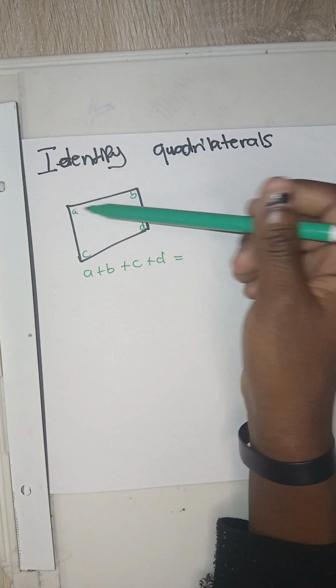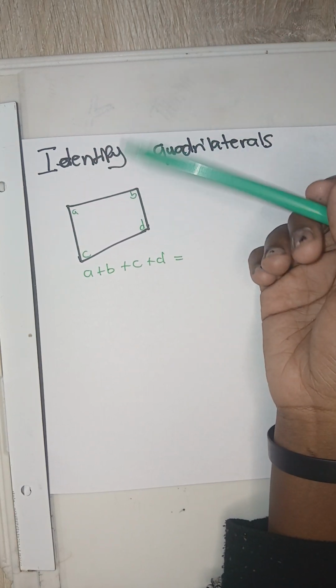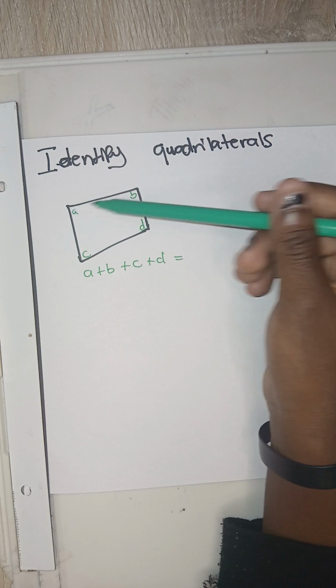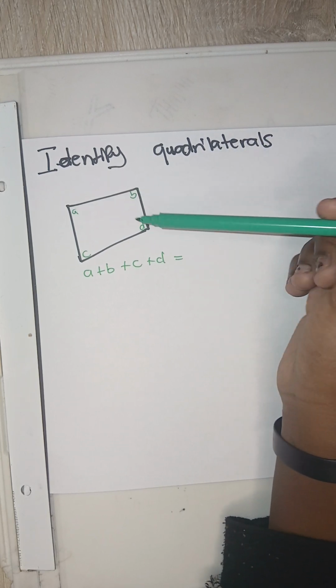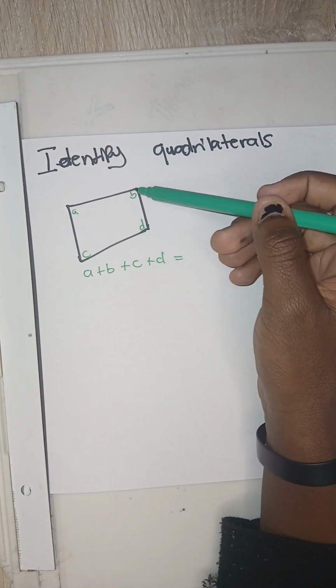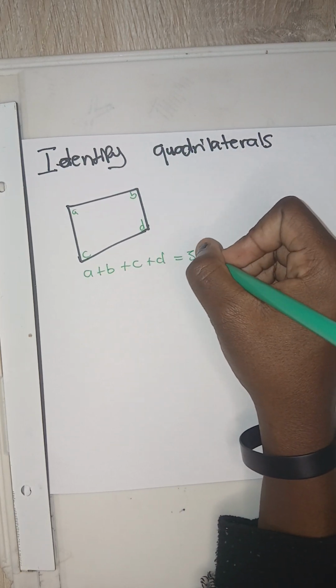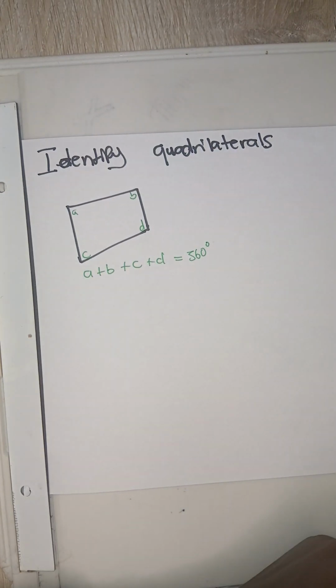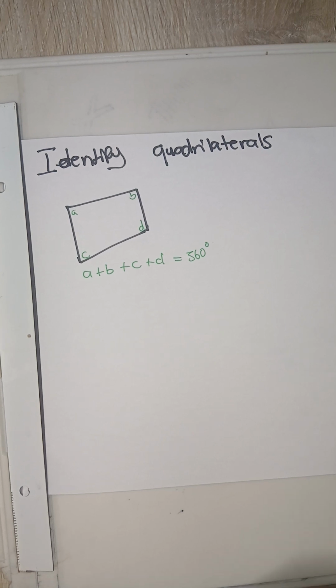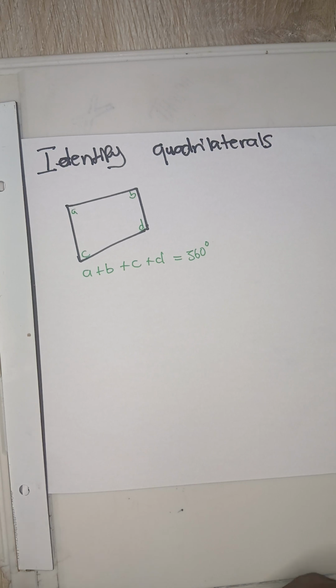I wanted to say the opposite angles of a quadrilateral add up to 180. A plus D is equal to 180 and C plus B is equal to 180. So all together they add up to 360. 180 is always on my mouth. 180, 180, 180. But the 4 angles of a quadrilateral add up to 360.